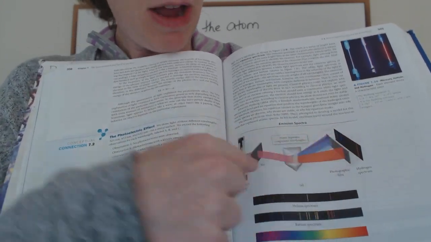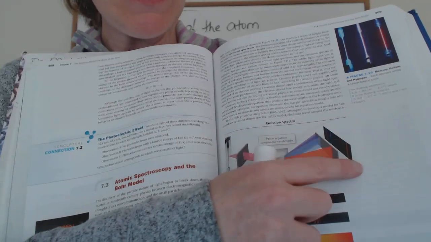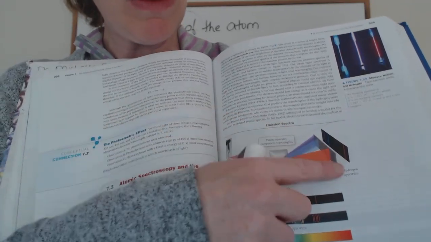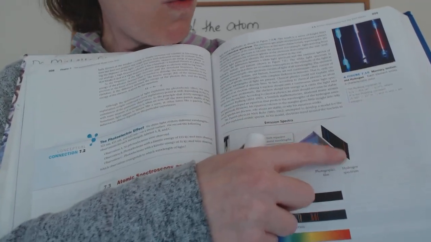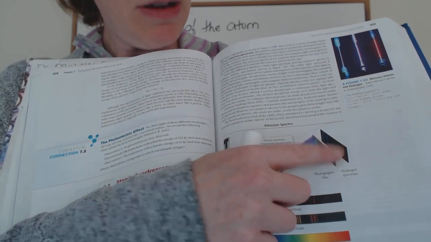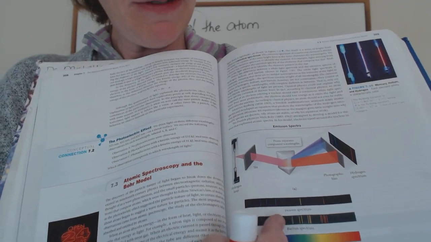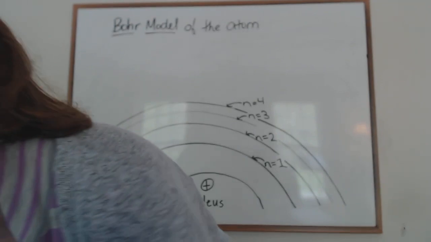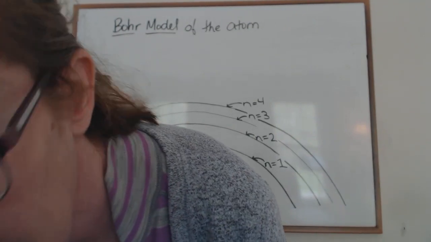That's the key concept here. And not only why is it a color as visible light, no matter how the energy came in, it always comes out as visible light, but why distinct colors? And why are they unique to hydrogen and different colors for helium and different colors for barium? That's what he's trying to explain with this. So this is the concept here.